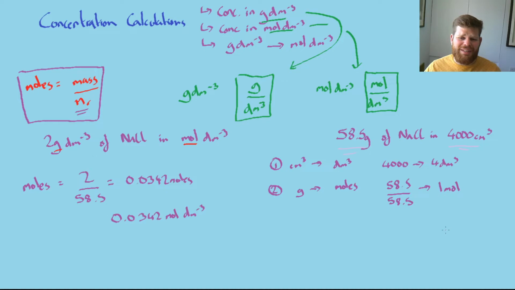Now you'll notice this is pretty much exactly the same as the question that we had earlier, where we've got 1 mole in 4 decimetres cubed. So to work out the concentration in moles per decimetre cubed, we just take 1, divide it by 4, and it gives us the answer of 0.25 moles per decimetre cubed.